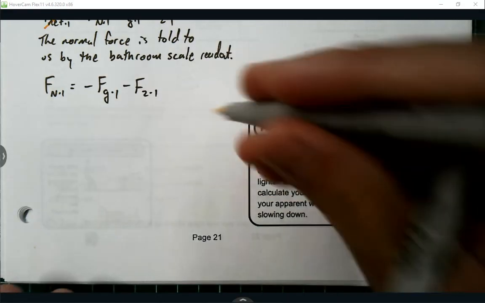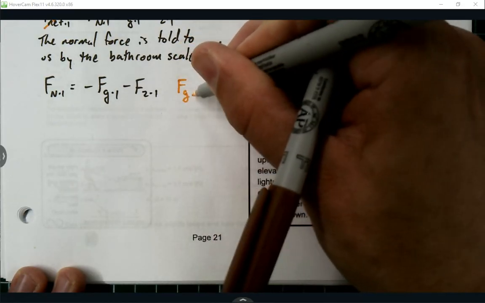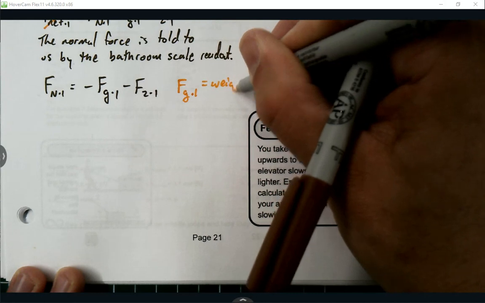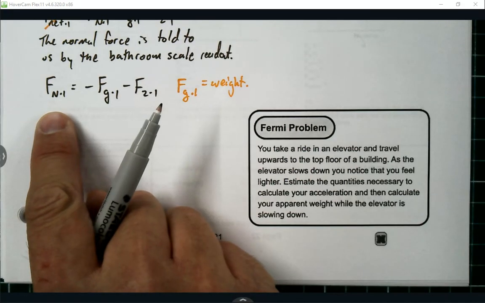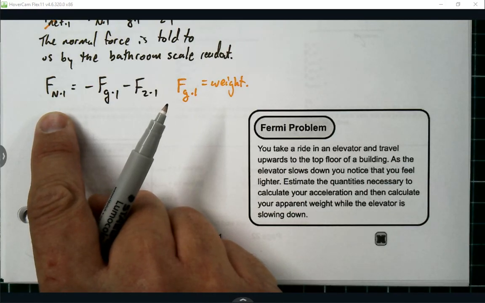Just a side note here, that Fg acting on 1, that's the weight. That really is the weight. F normal acting on 1 is what you might call the apparent weight. The apparent weight could change depending on the scenario. And sometimes that weird little glitch of the wording shows up in a textbook question.